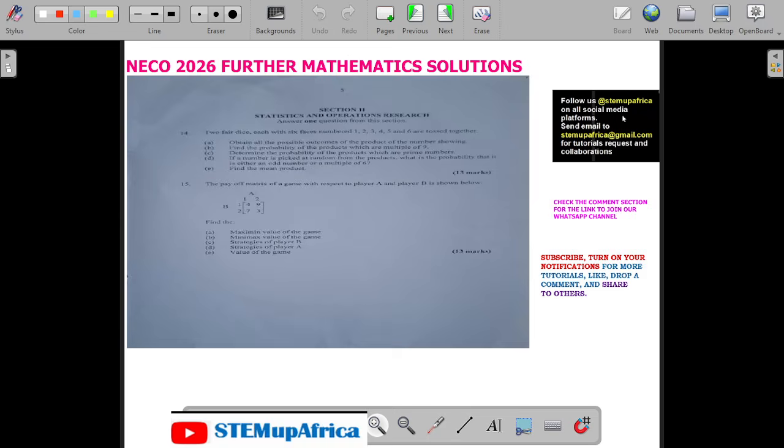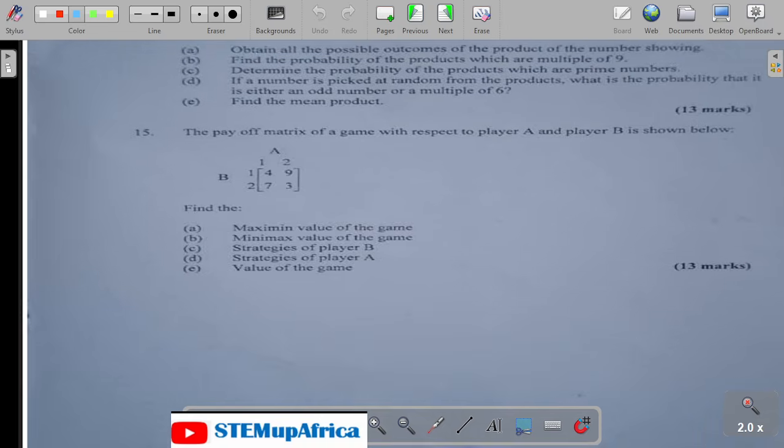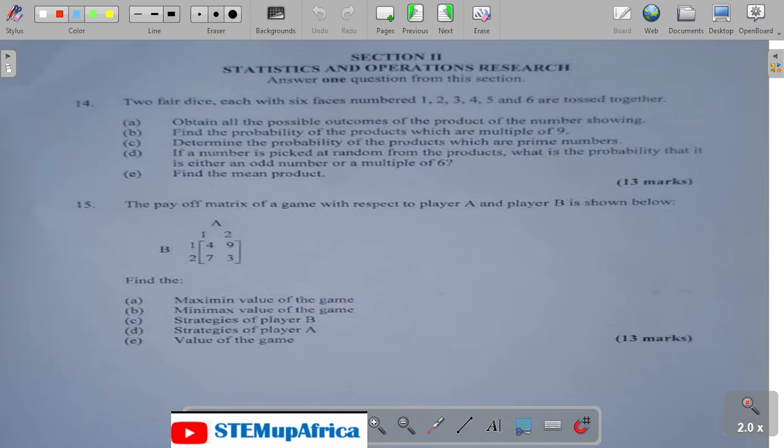So this is 14. So 14 and 15, you can solve any one if you wish. So I will just take one because of time. I'm tired already. I will take question 14. That was easier. Two dice are tossed together. Obtain all possible outcomes of the product, not the sum. Take note of the products of the numbers showing.